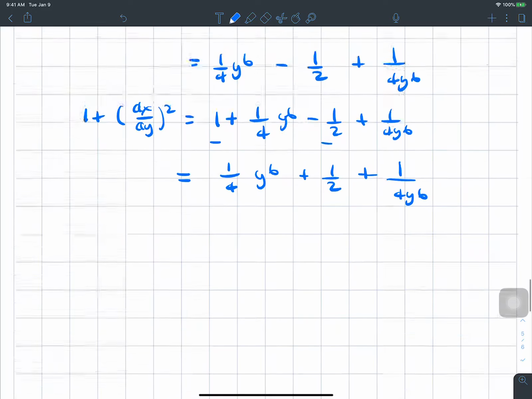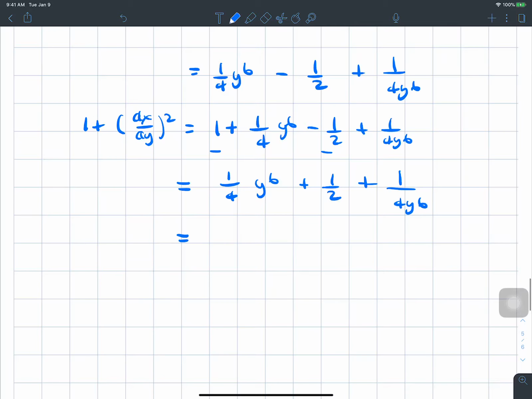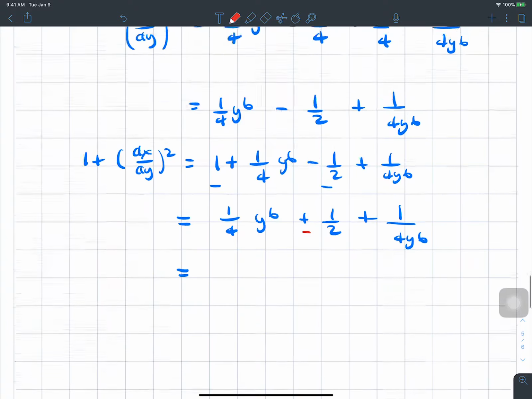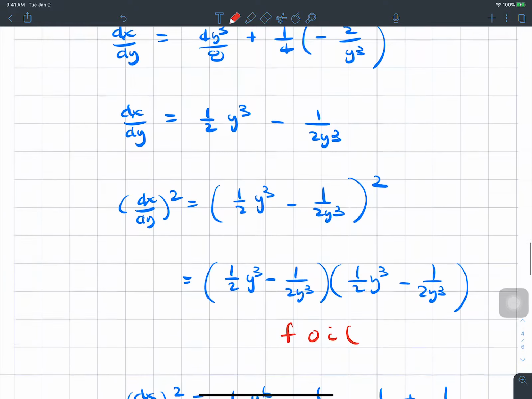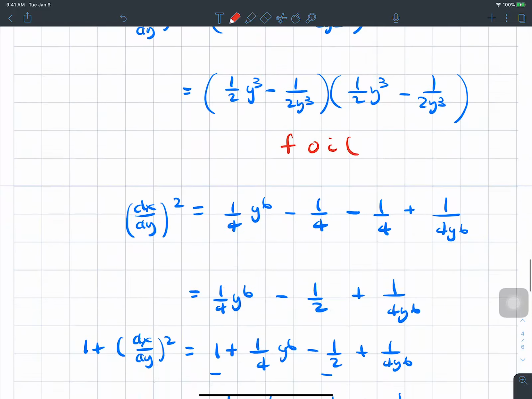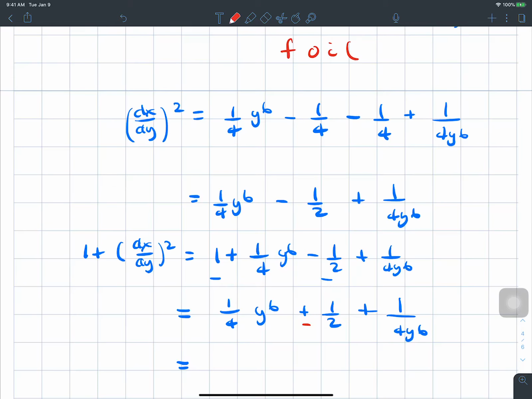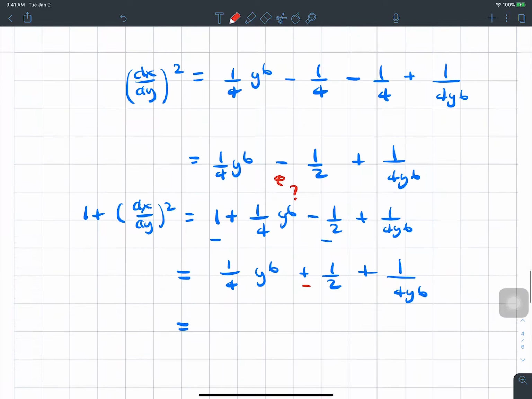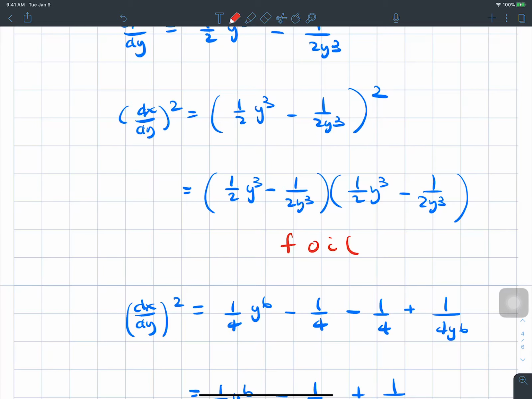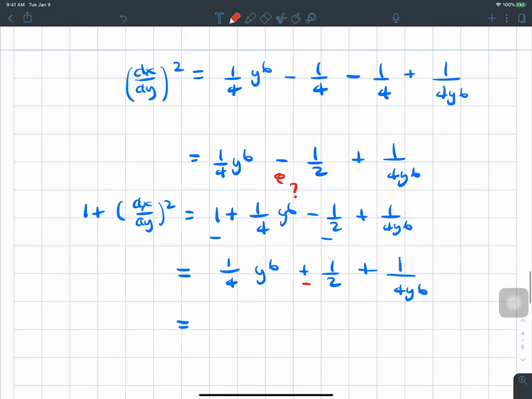And you say, I don't recognize this. Well, yes, you do. I know there's a plus sign here. This looks familiar. Where have I seen something like this? We've seen it right here. See this? But the sign is opposite. And you say, where do we get that? We got that by squaring dx/dy. So that's a negative sign. Okay, that's going to change here for us.